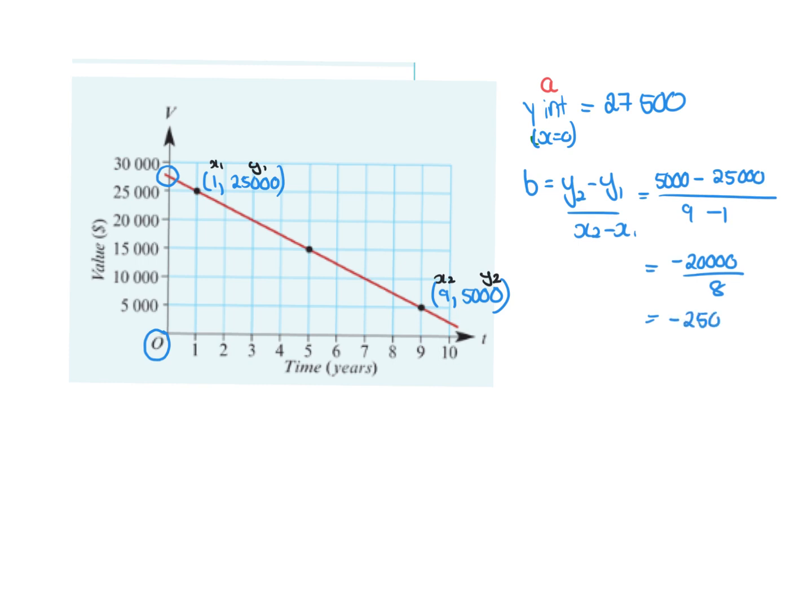Negative 2,500. Now, it's telling me the b is negative. Is that correct? Does the graph look negative? Has it got a negative steepness? Yeah, it does. So that's correct. That's a good way to check. I should have a negative because the graph is going down.